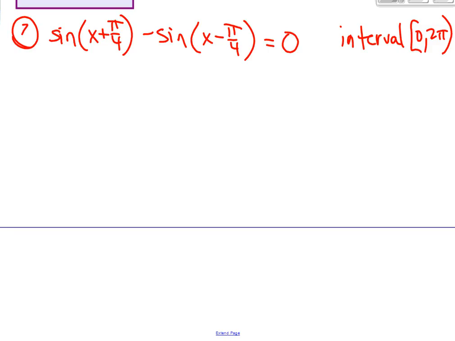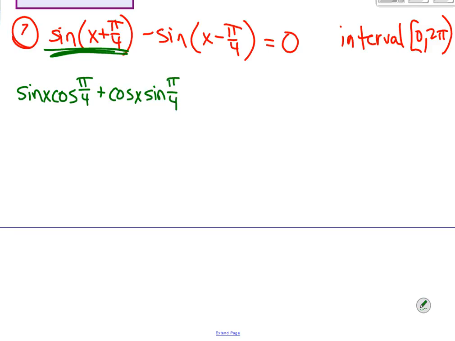So our first job is just to expand everything out. So this first piece here is just sine x cosine pi over 4 plus cosine x sine pi over 4. So that's that chunk. And then here's the thing I have to be careful of.